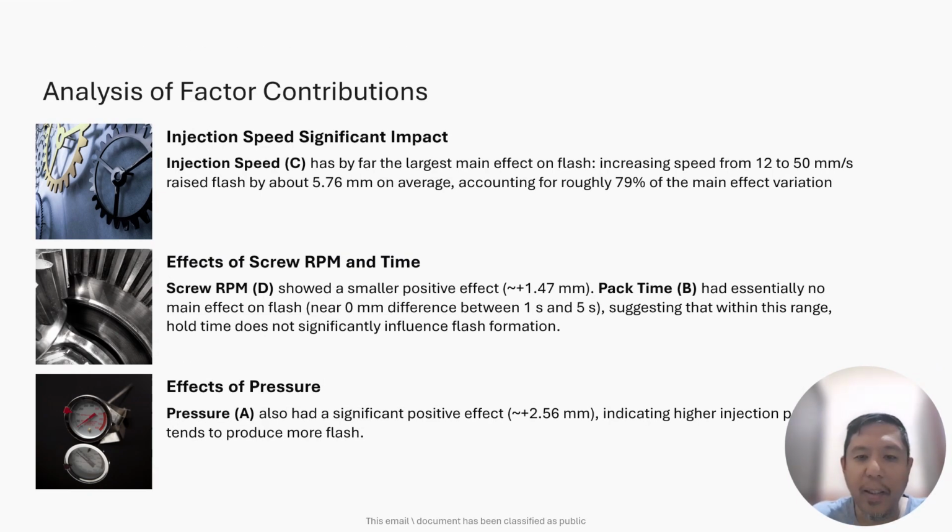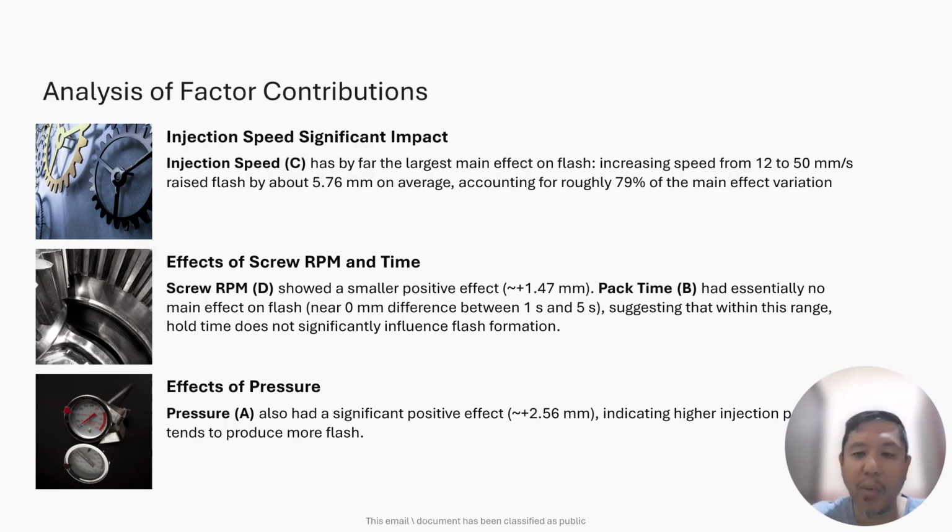All right. As for the analysis of these factors' contributions, we can look at the variation from each factor. For instance, injection speed accounted for roughly 80% of the explainable variation in flash among the main effects. And it's absolutely a dominant factor. Pressure was next at 15% and RPM is around 5%.